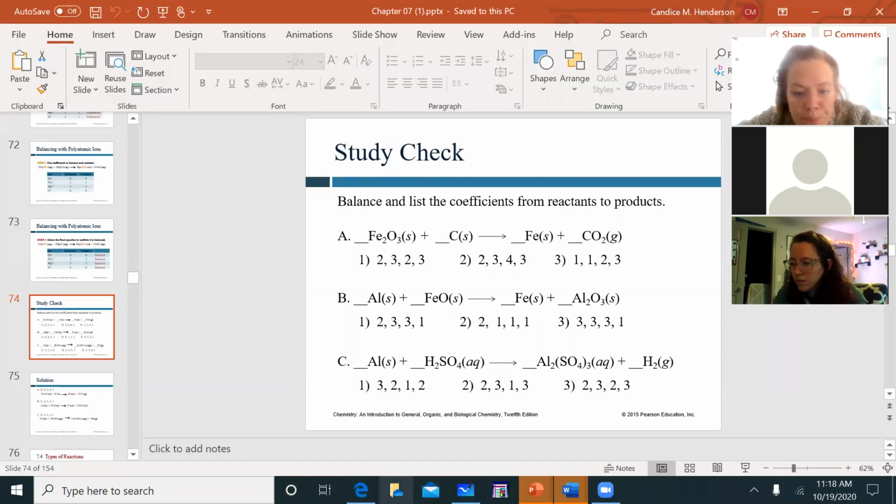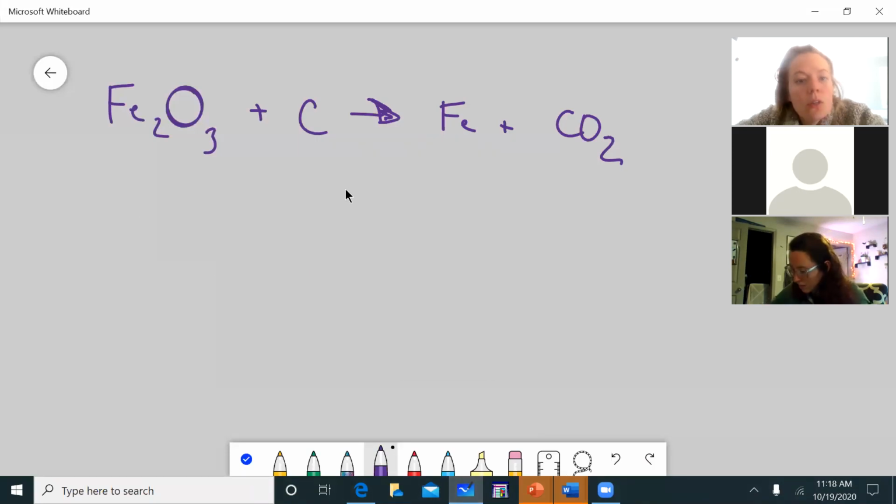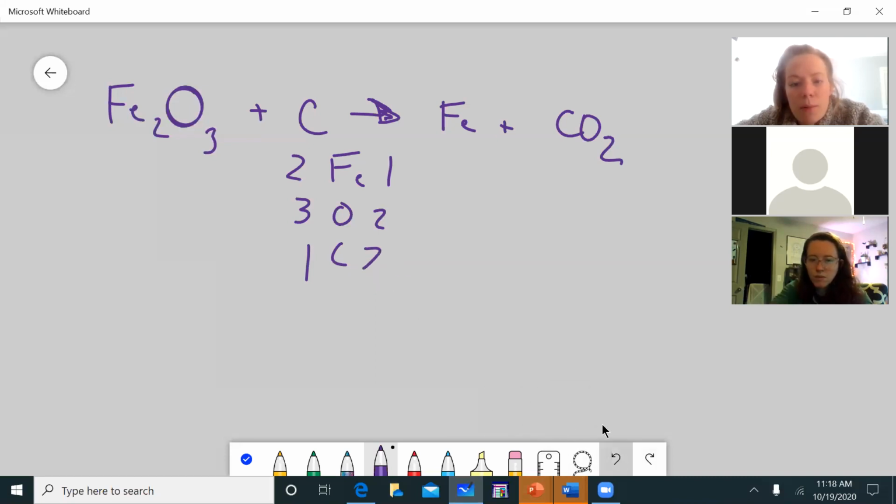So we've got iron, oxygen, and carbon: 2 irons, 3 oxygens, and 1 carbon on one side, 1 iron, 2 oxygens, and 1 carbon on the other.